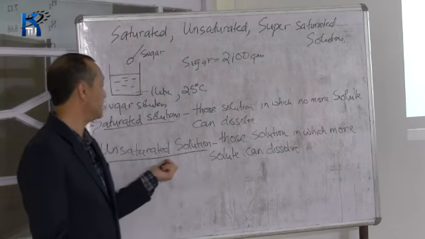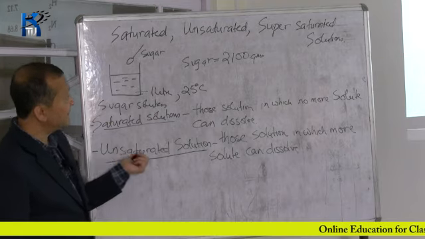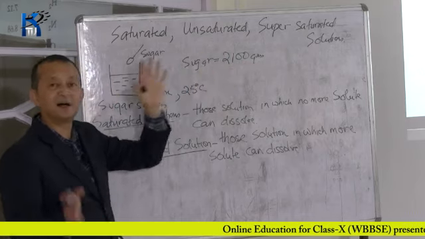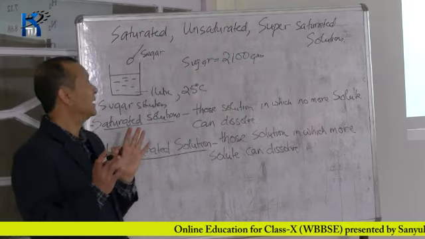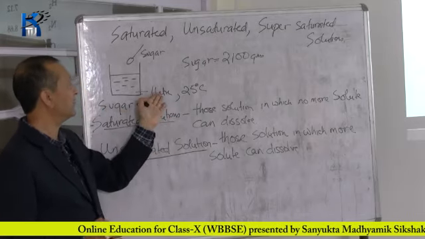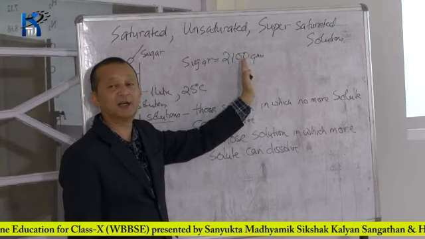And this is the data we have. To make a saturated sugar solution in 1 liter of water, you need 2.1 kg of sugar.